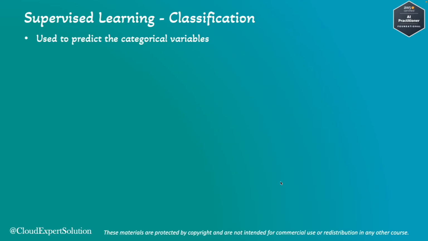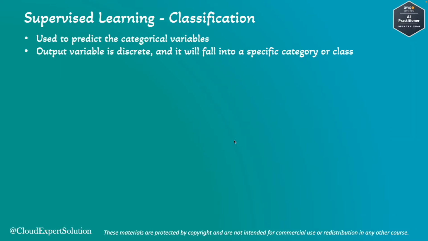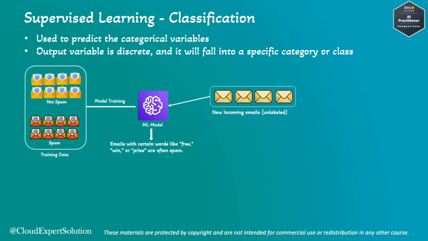Classification is a type of supervised learning where we predict categorical output variables. That means the output variable is discrete and it will fall into one specific category or class. If you remember the previous example of identifying spam versus not spam emails, that was a perfect example of classification.